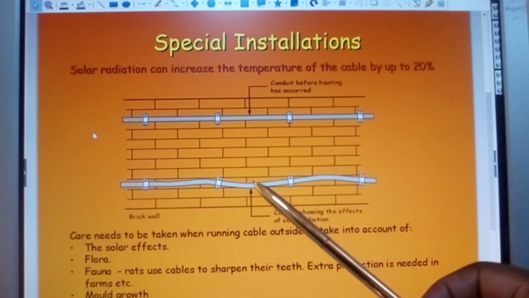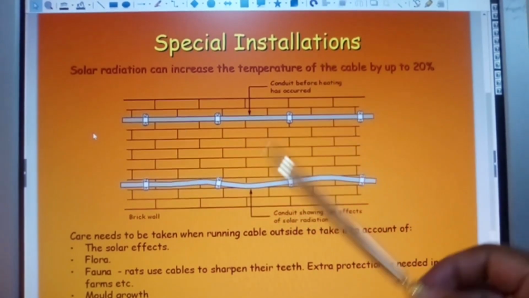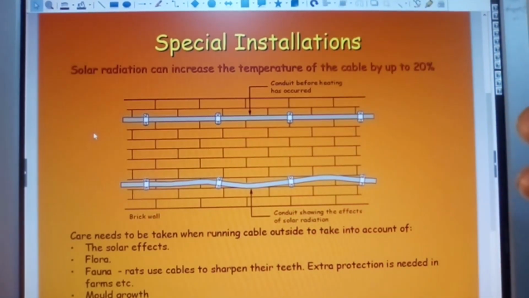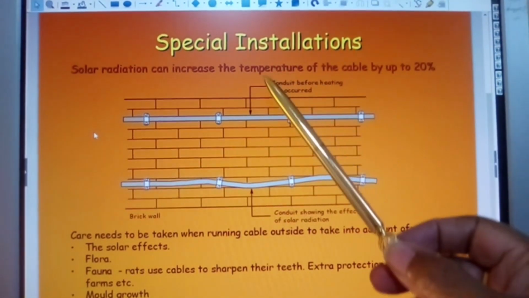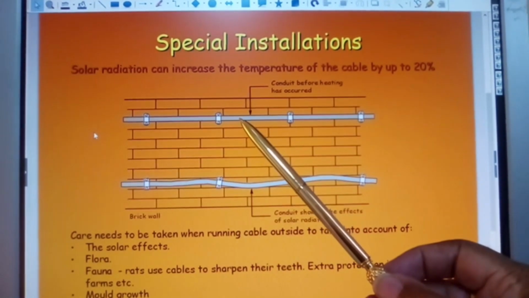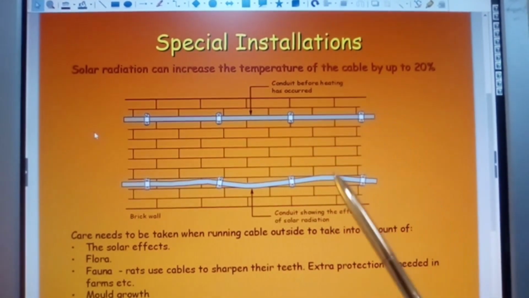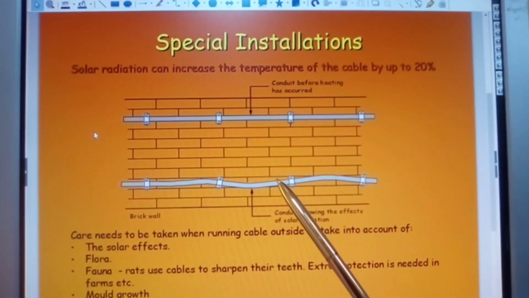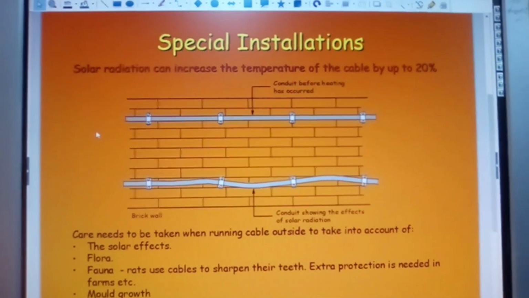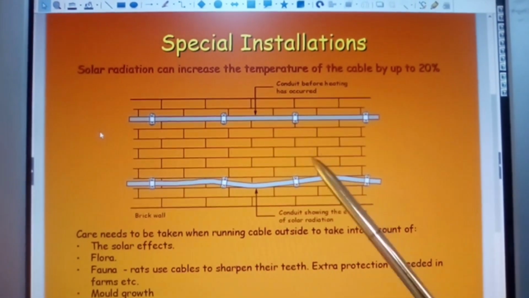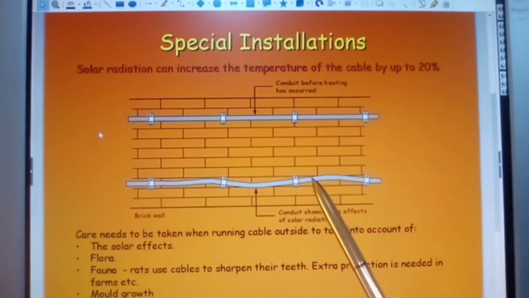My view here is that this is plastic conduit. Steel conduit will not bend like this, so you would need to assume that this is plastic, which would have this effect.